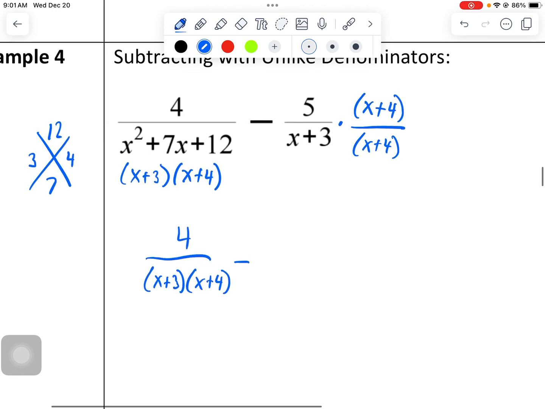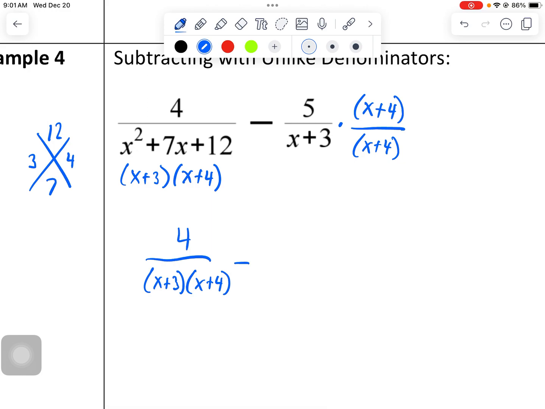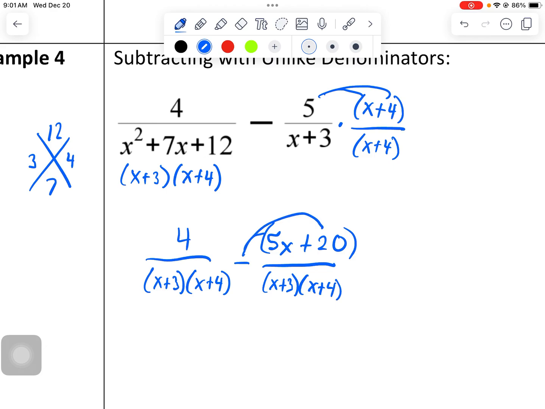And then, this is the part I was talking about, we have to be really careful. Since we're subtracting, you can go ahead and distribute the 5. So it'd be 5x plus 20 over x plus 3, x plus 4. But since we're subtracting this entire fraction, I want you to think of this as though it's in parentheses, and then we would distribute it, or you can think of it as adding the opposite.